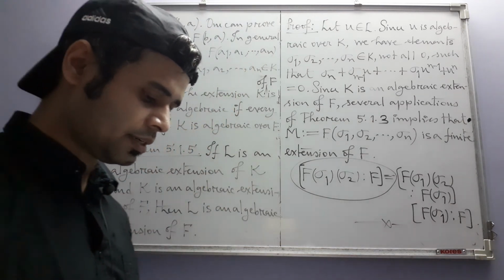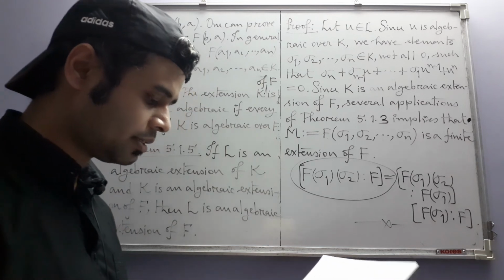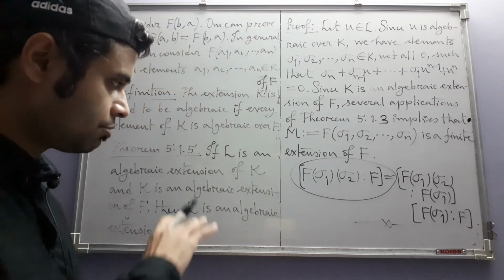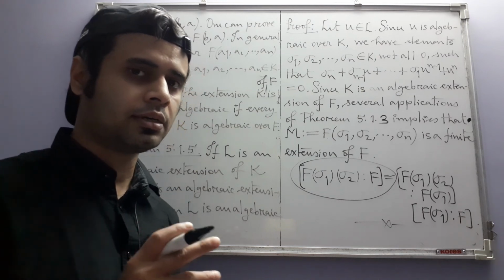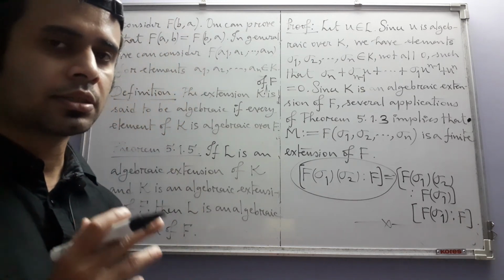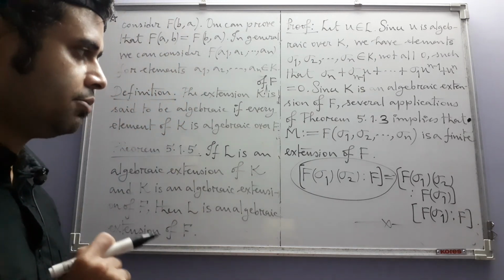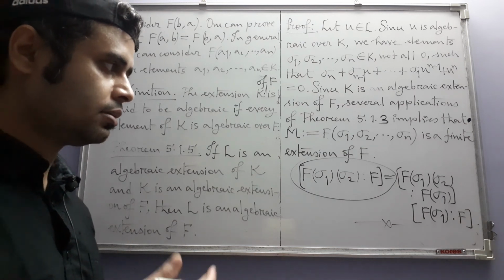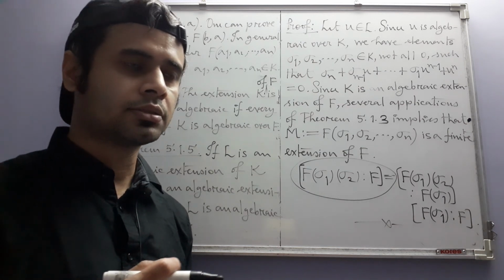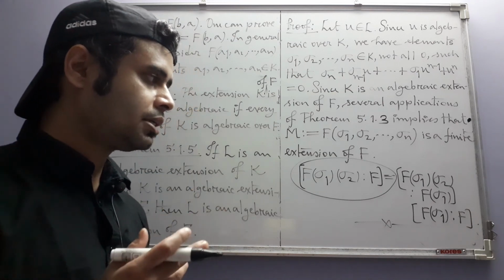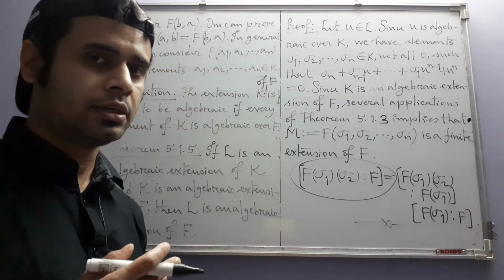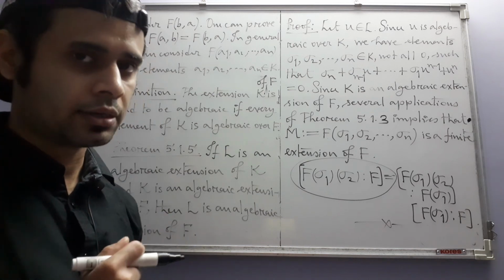So instead of pushing it further, once we prove this, we have the last definition which says that a complex number is said to be algebraic if it is algebraic over the field of rational numbers, and complex numbers that are not algebraic are known as transcendental numbers.